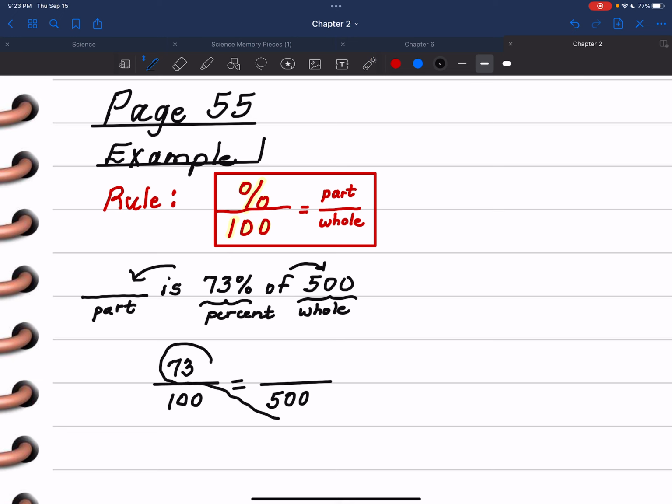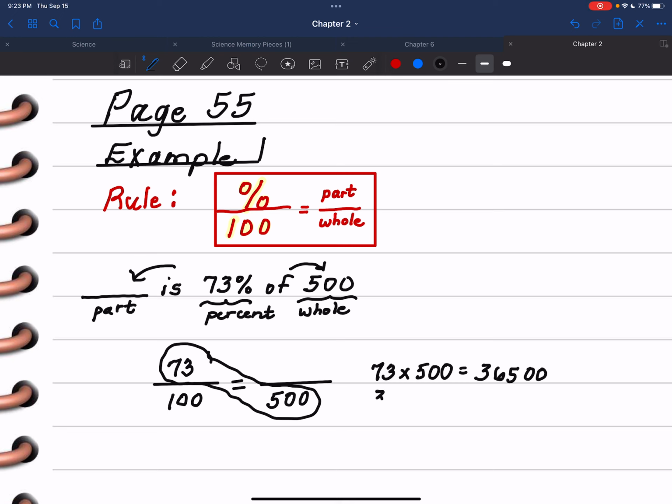So we will multiply 73 times 500. Most of these you can do in your head, but if you can't, it's okay. I can't do that one in my head. I'll use my calculator. Now this is going to be a very large number, all right? Don't panic because I'm going to show you a trick.